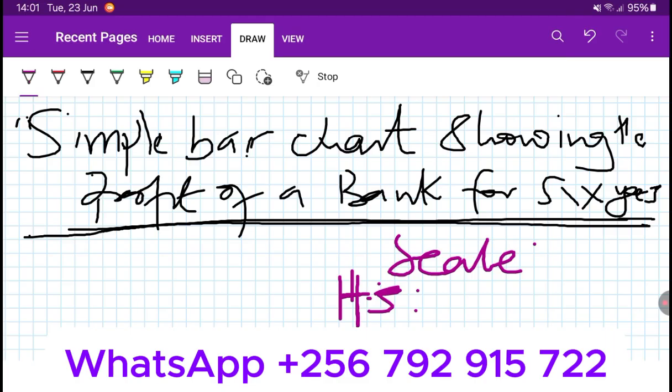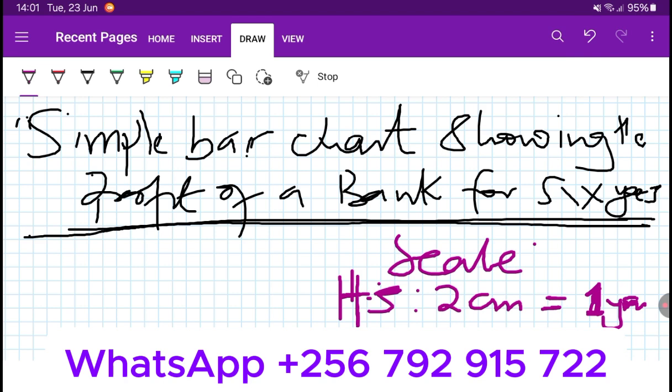From here we can say let 2 centimeters represent 1 year, because if you take 1 centimeter, you'll find that you have used only 6 centimeters for the graph, and the graph maybe has 15 or 20 centimeters. You have just used half of the page. So you can take 2 centimeters to represent 1 year.